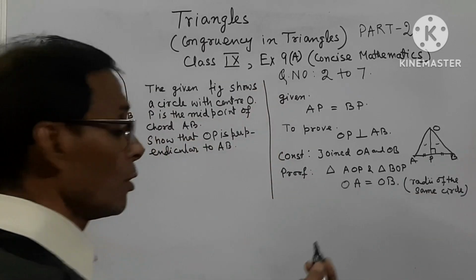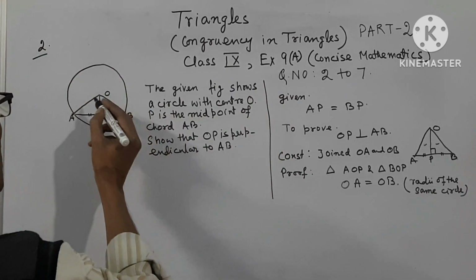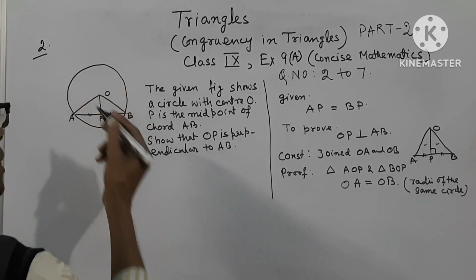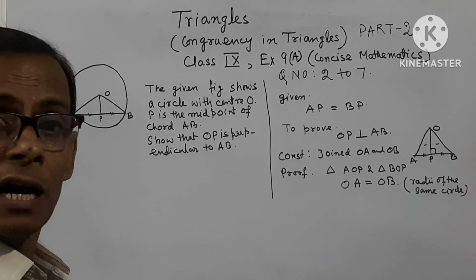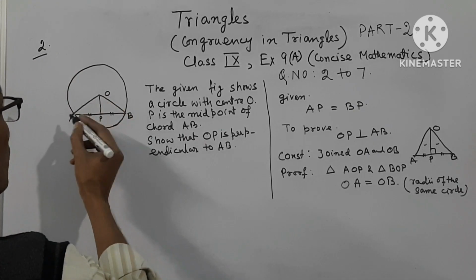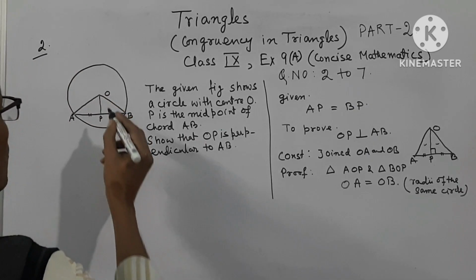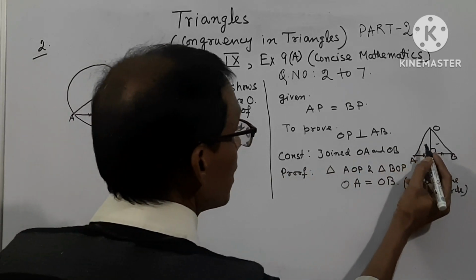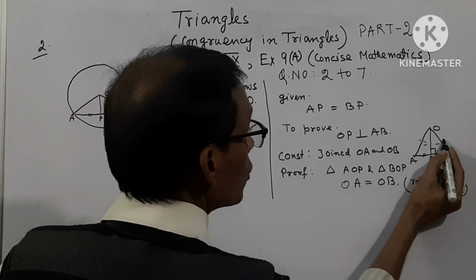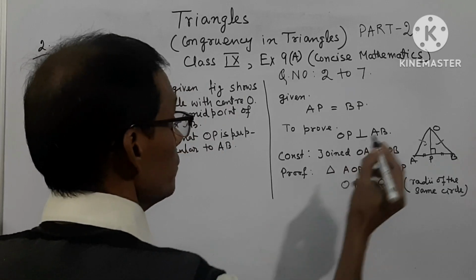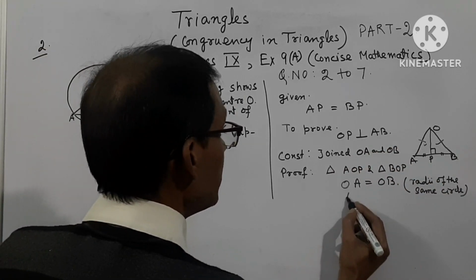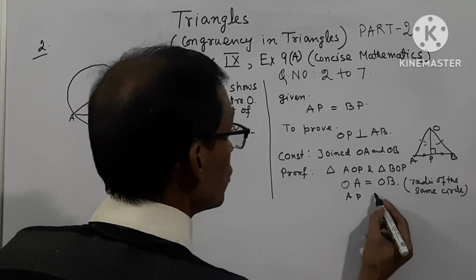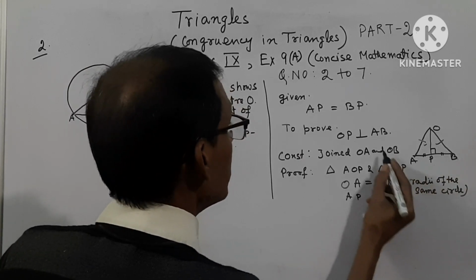Radius will always be the same. However many radii you draw from O to the circle, all radii are equal. So OA will be equal to OB, because they are radii of the same circle.